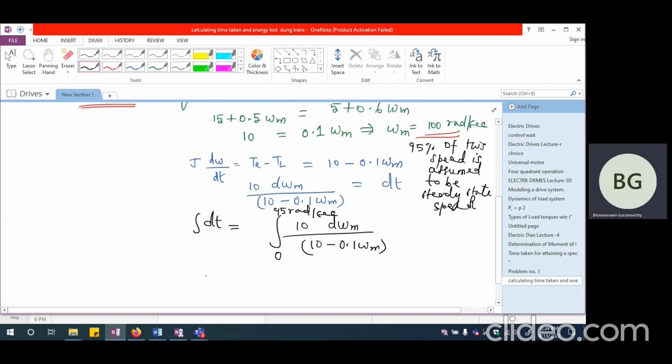So d omega m divided by 10 minus 0.1 omega m is essentially going to be a natural log.